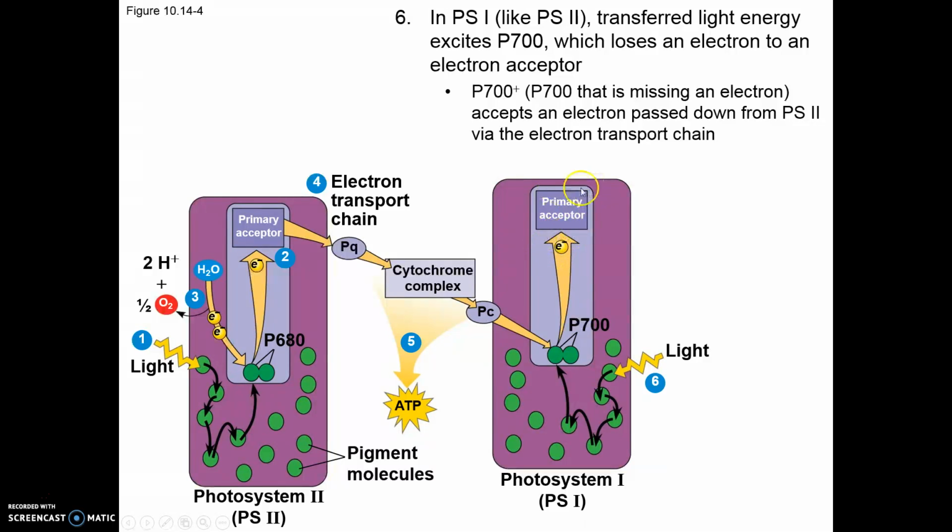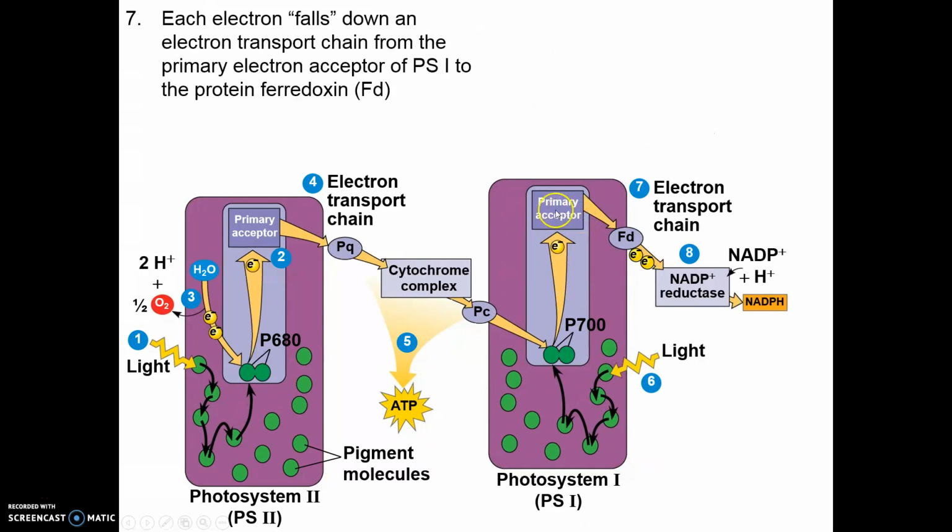That will now go up into a second primary electron acceptor, which will then pass it through another mini electron transport chain, which will end up producing NADPH, which is simply a reduced form of NAD that also has a phosphate group attached. When we need electrons for biosynthesis, we usually use the phosphorylated version that helps us be able to keep a balance by choosing whether or not we phosphorylate.